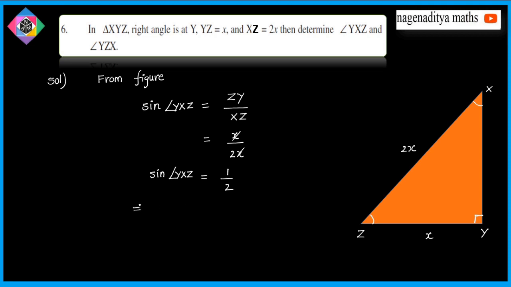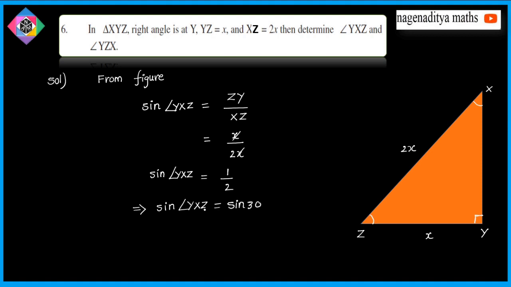So this can be written as sine of angle YXZ when sine theta takes 1 by 2, that is nothing but sine 30. So 1 by 2 can be written as sine 30 degrees.